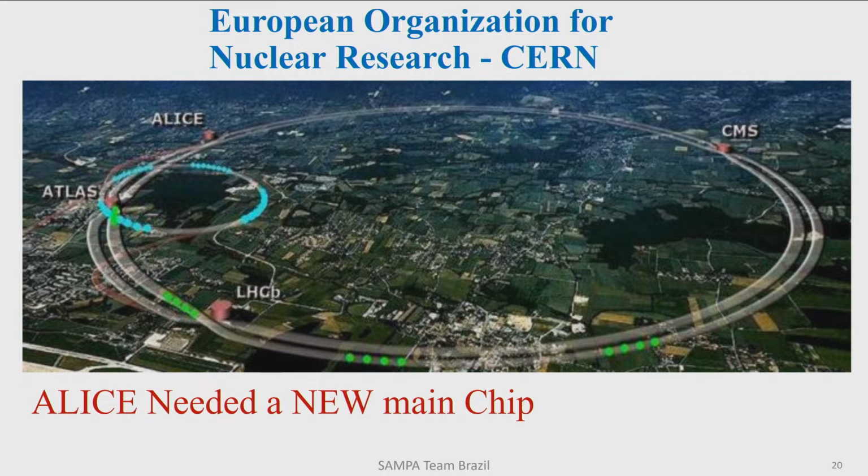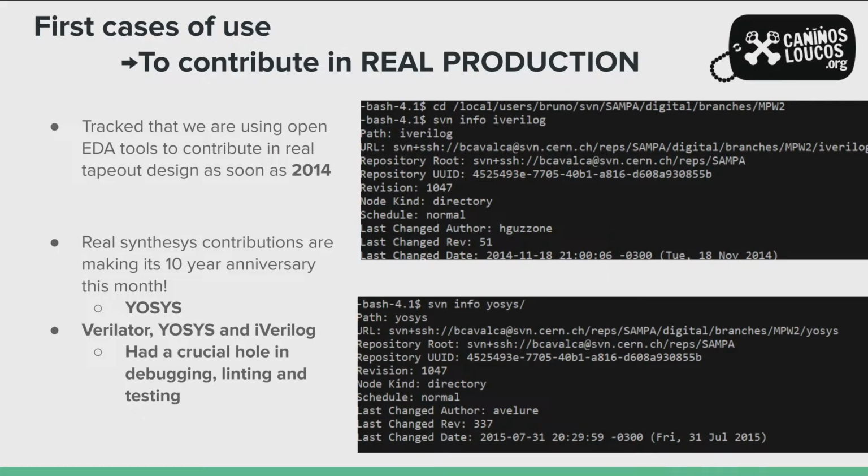And I was trying to see where was the first time we used an EDA tool which went to production, like real silicon. Not a silicon sample for one or two students. It is a $1 million project with thousands of wafers, which used open source tools. And if you see, I am pushing here from SVN, because CERN did not even use Git back then. So 10 years ago, we were already using Yosys inside this project.